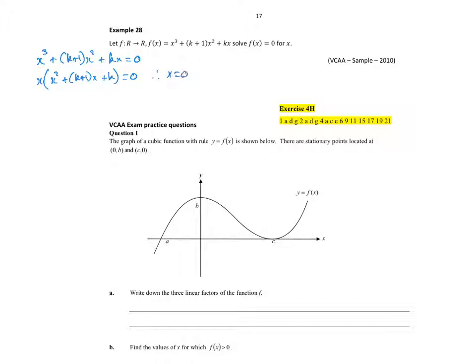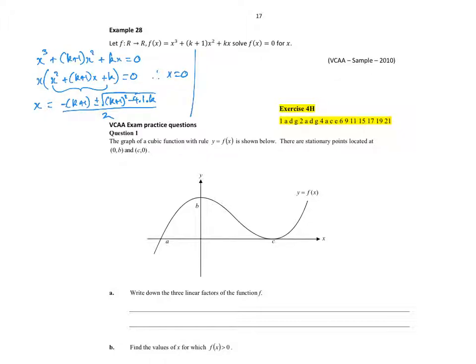So x is equal to 0 is one solution. So now, again, quadratic formula. x is also equal to minus b plus or minus the square root of b squared minus 4 times a times c over 2a.